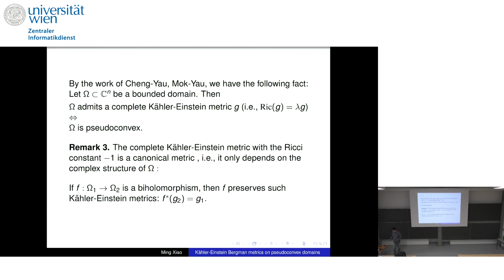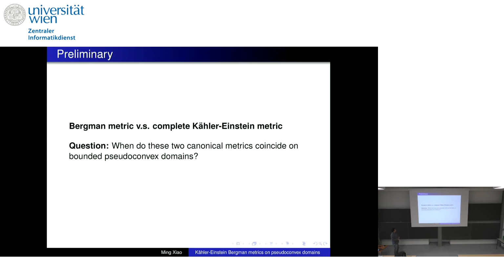Again, it means that if we have a biholomorphism F between two domains, omega 1 and omega 2, and if they are both pseudoconvex, so that the complete Kähler-Einstein metric exists, and we assume Ricci constant -1, then F preserves such Kähler-Einstein metrics.